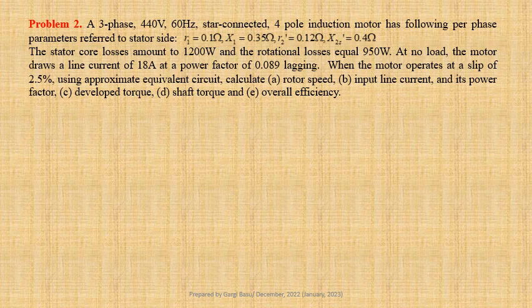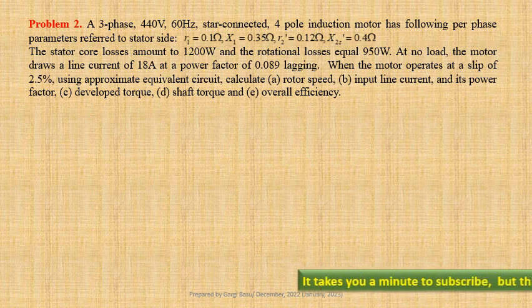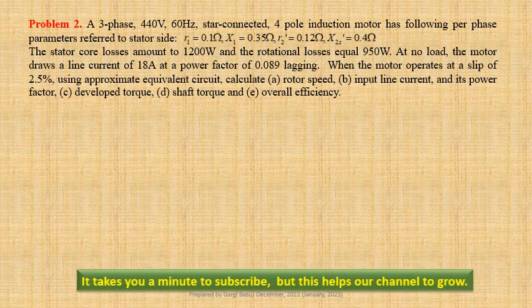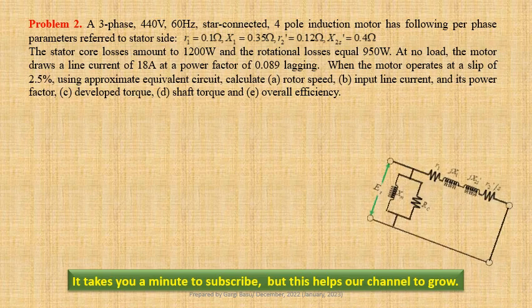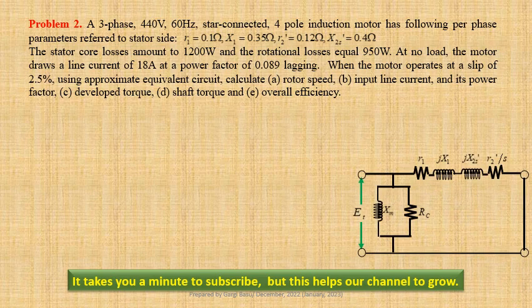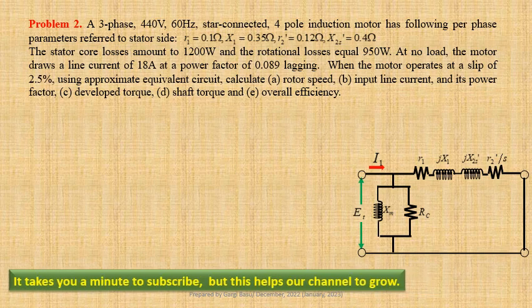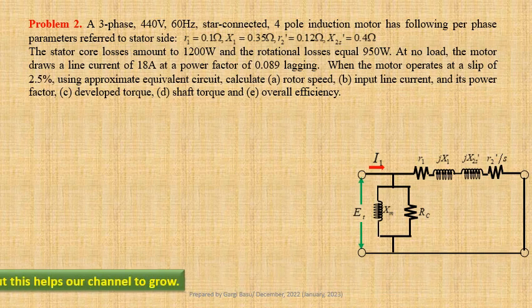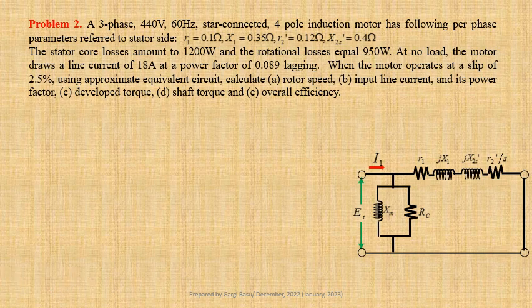At no load, the motor draws a line current of 18 ampere at a power factor of 0.089 lagging. When the motor operates at a slip of 2.5%, using approximate equivalent circuit, we have to determine rotor speed, input line current, and its power factor, developed torque, shaft torque, and overall efficiency.